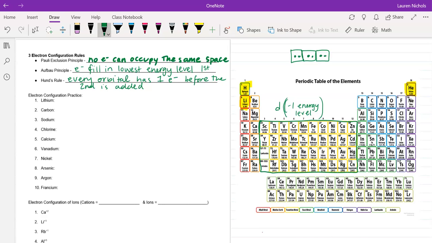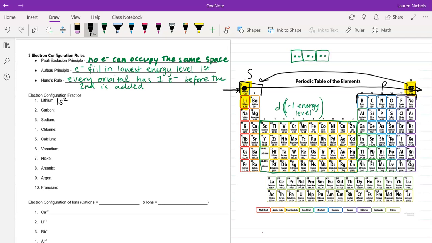And so the way you write the electron configuration is you read the periodic table like a book. So you start at the top and you read from left to right. So when I first read, I hit energy level 1. I hit the S sublevel because these are S, D, and P. And so in that S sublevel, I have the hydrogen box and the helium box because helium kind of goes here. So that would be 1s2, and that covers that whole first row.